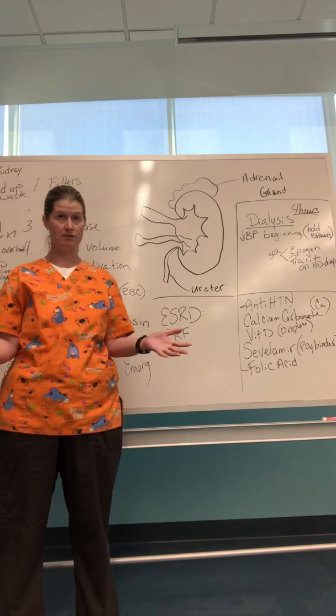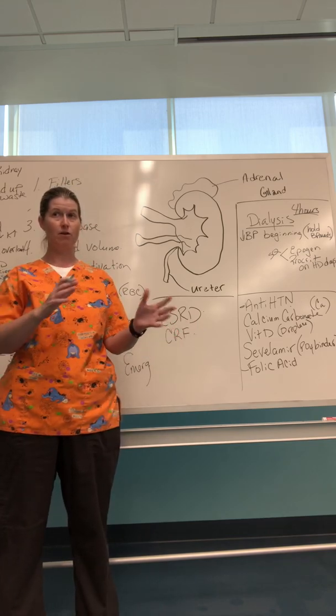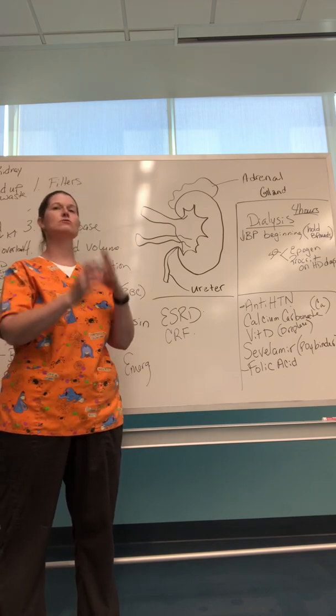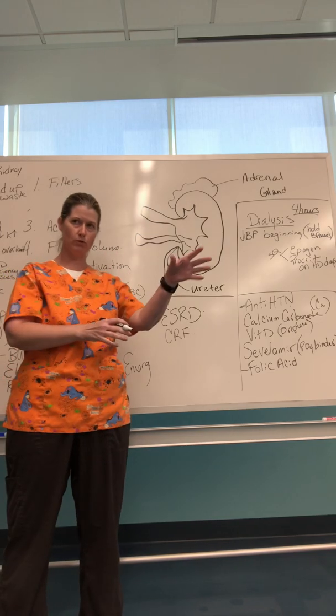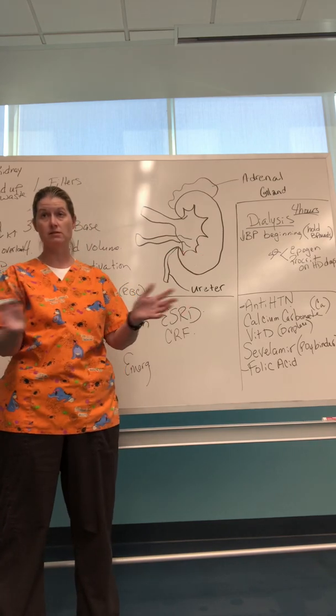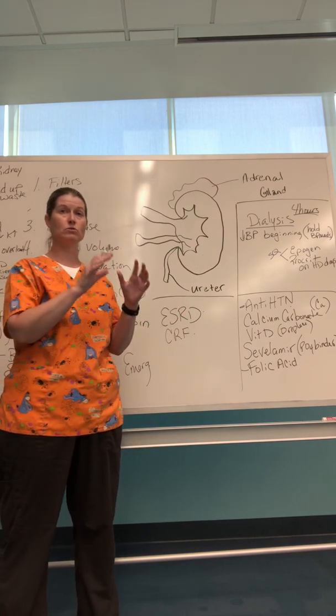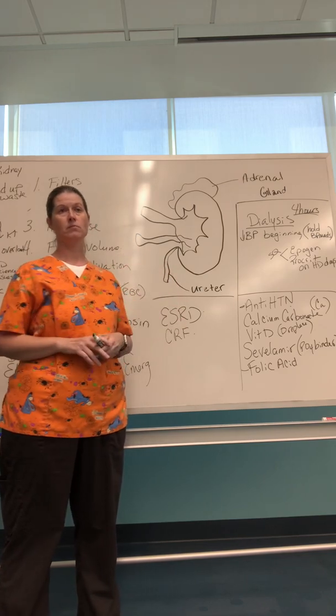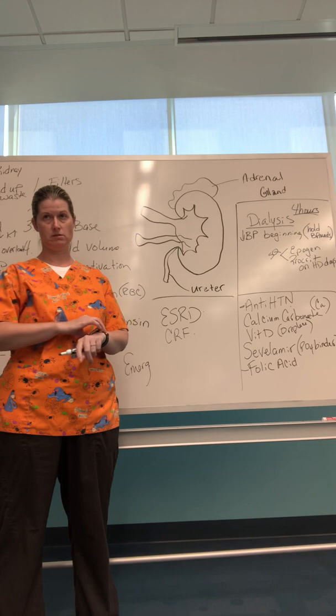But if something happens, they're only going to assist in how they can assist with the machine. They're going to give a little more fluid. They're going to stop dialysis, that kind of stuff. They are not going to treat the patient emergently for whatever problem it is.